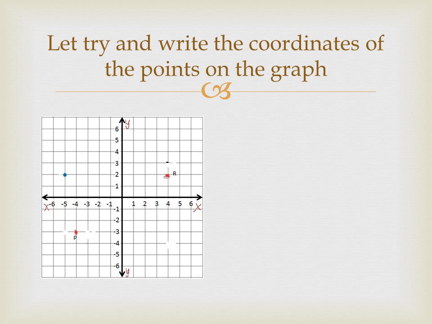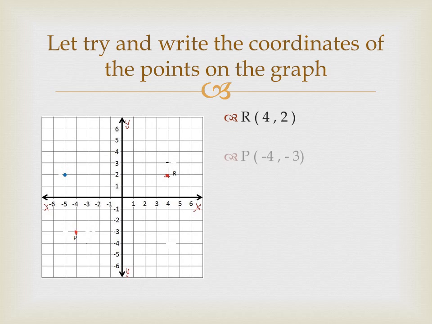Now the other point, if you trace it to the x-axis, you are getting -5, and then if you trace it to the y-axis, you are getting +2. So the coordinates of that point is -5 and +2.